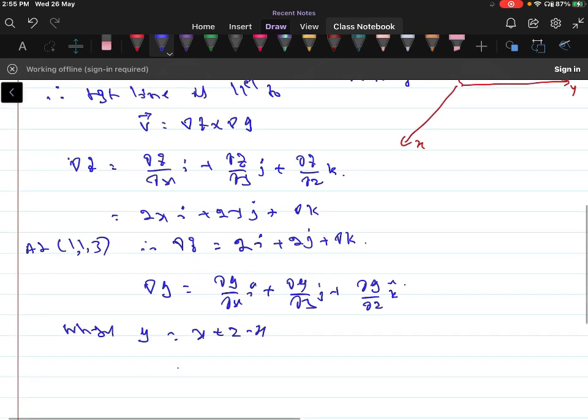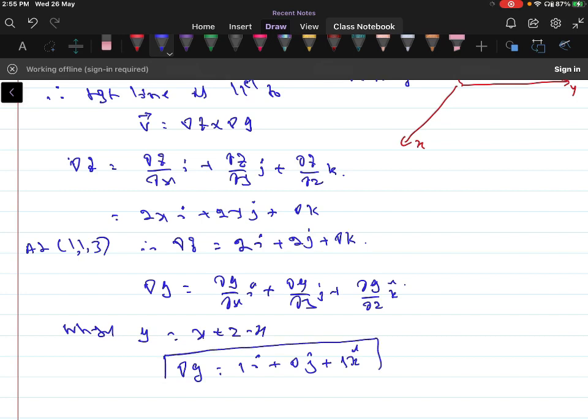Therefore gradient of g is equal to 1 i cap plus 0 j cap plus 1 k cap. At the point (1, 1, 3) also, gradient of g is a constant vector, therefore 1 i cap plus 0 j cap plus 1 k cap.